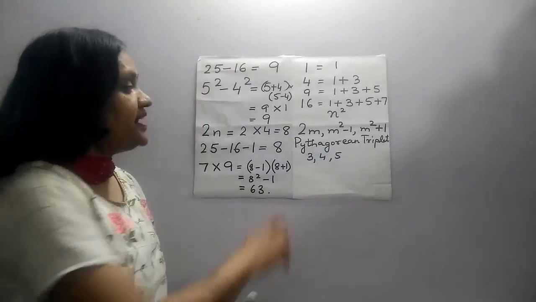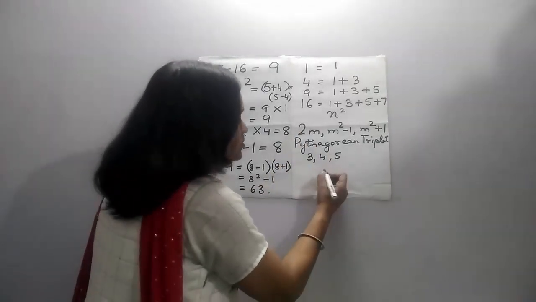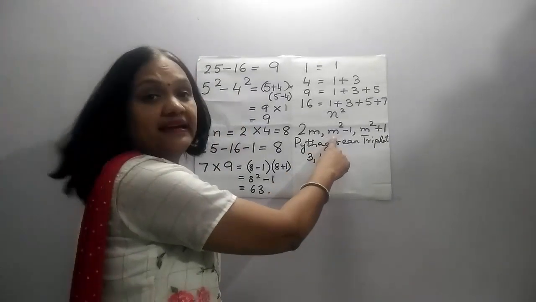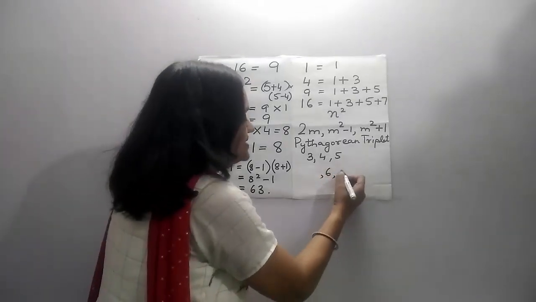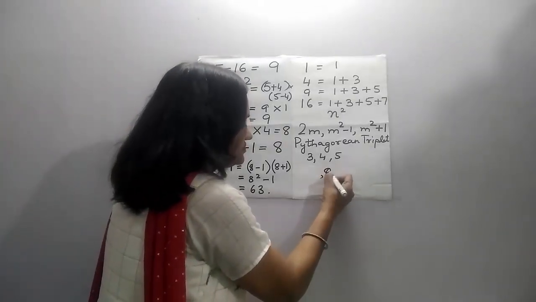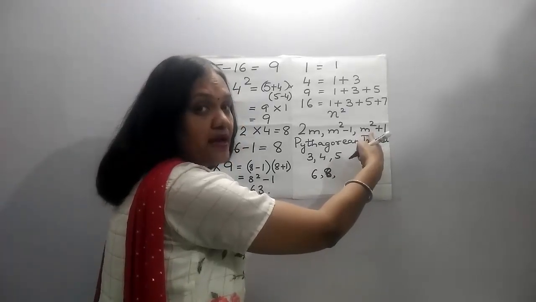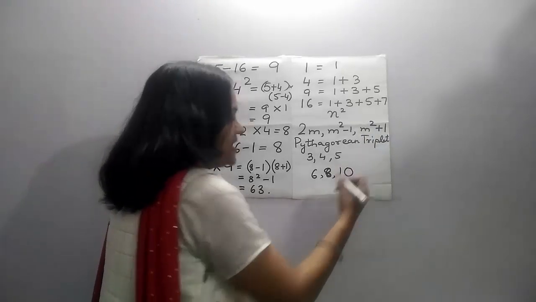Same way, if I take m as 3, I get 2 3's are 6, 3 square 9, 9 minus 1, 8, and I get m square plus 1, 3 square plus 1, 9 plus 1, which is 10.